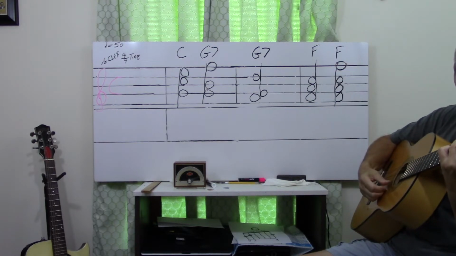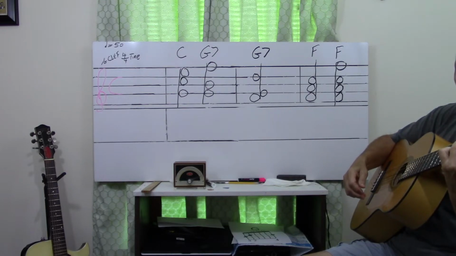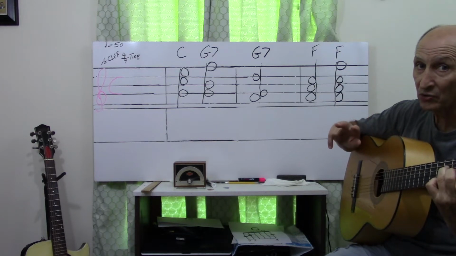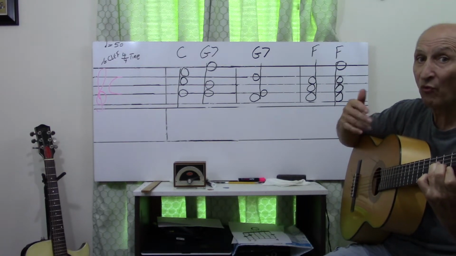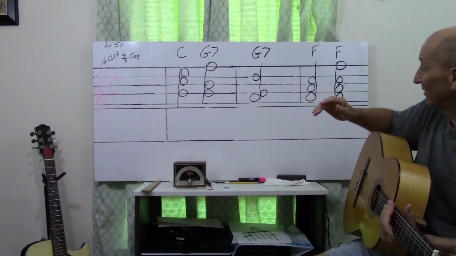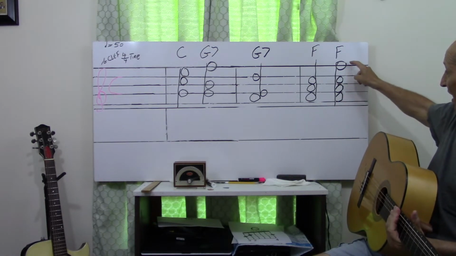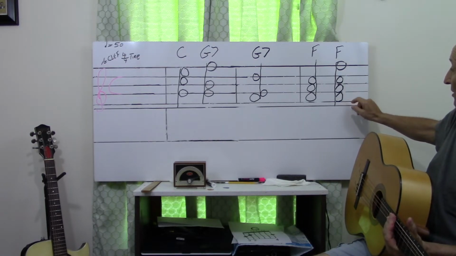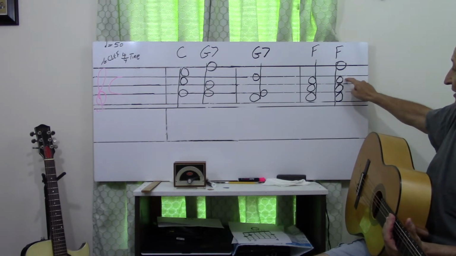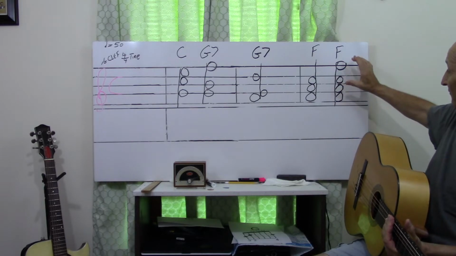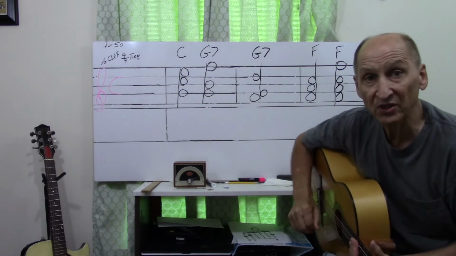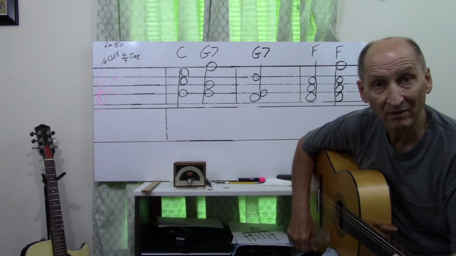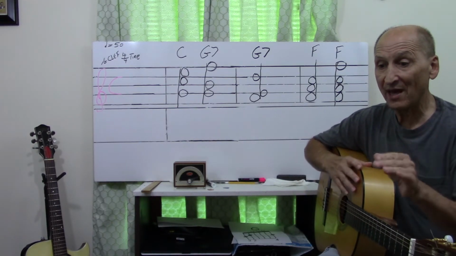What I mean is that this chord has three notes, but we're playing four. You have an F here and an F here. The F is repeated, but the chord is only F, A, C. One of them is a high F, one of them is a lower F. That's what that means.